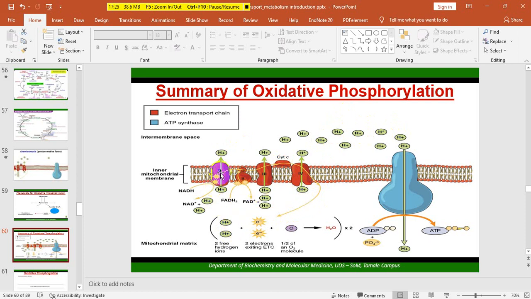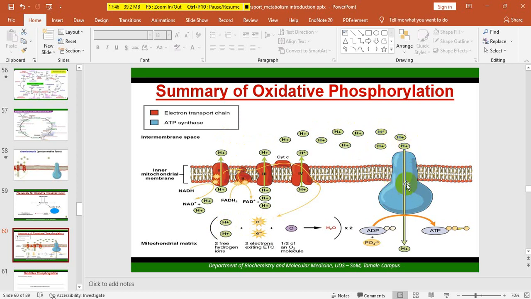When the electrons pass through the 4 complexes, we'll have, in the end, 2 electrons here. That's for one cycle. Then we have 2 protons here, because these protons will also come through the process when they pass here.